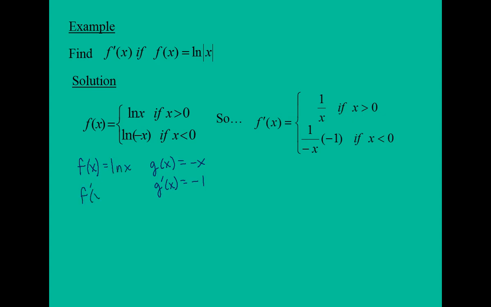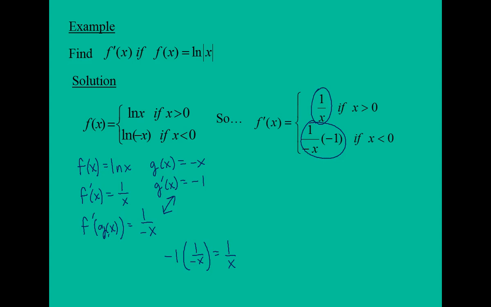F prime of x equals 1 over x, and f prime of g of x would be 1 all over negative x. When we multiplied these two together, we would get negative 1 times 1 all over negative x, which is just 1 over x.